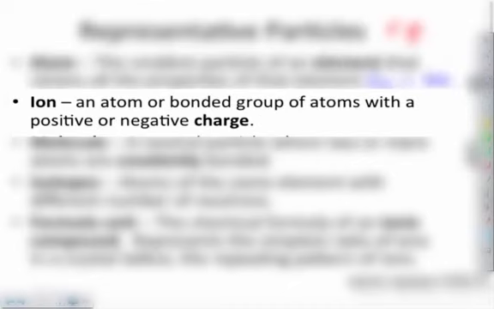An ion is simply an atom or a bonded group of atoms that has a positive or negative charge. So anything that has a positive or negative on it is an ion. So possibly a chloride ion or the carbonate ion. A molecule is a neutral particle where 2 or more atoms are covalently bonded. This would be all of your diatomics, O2, Br2, and could also include water.